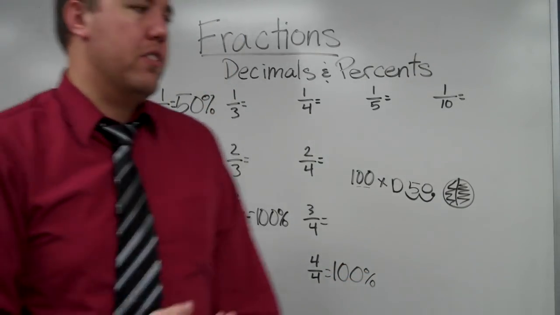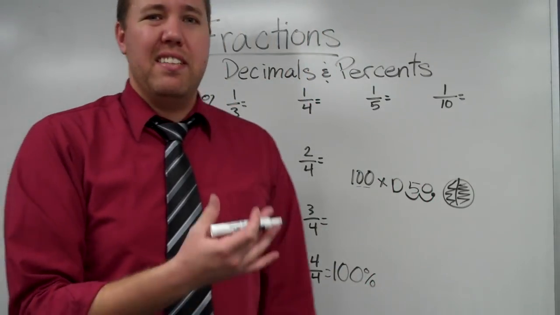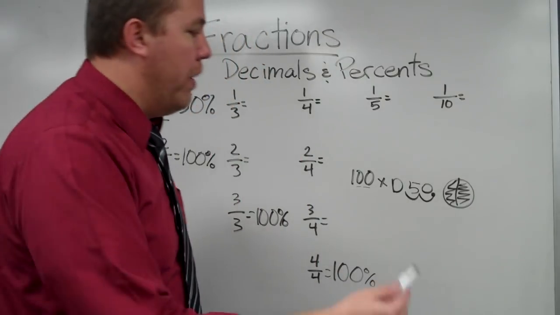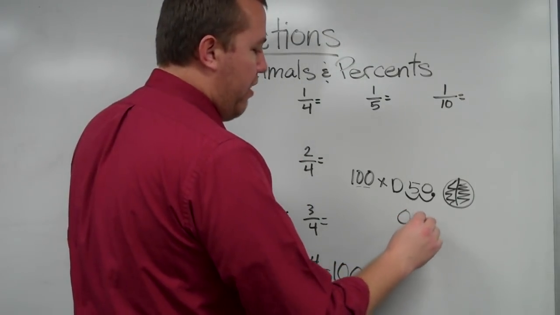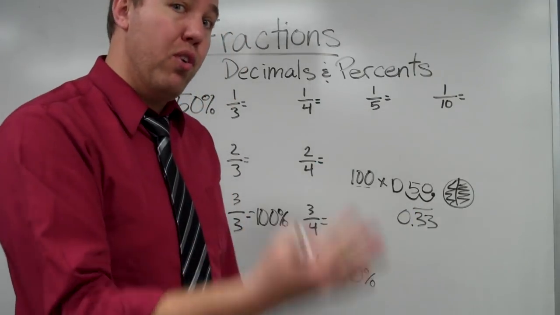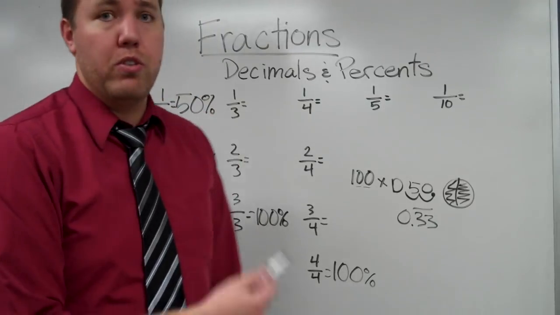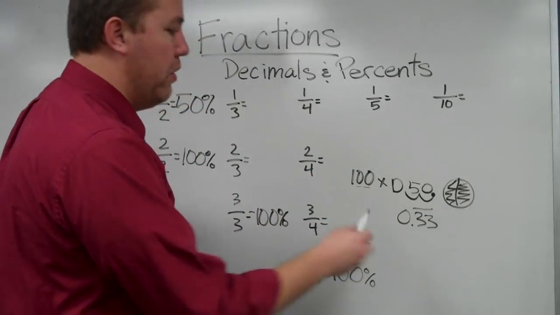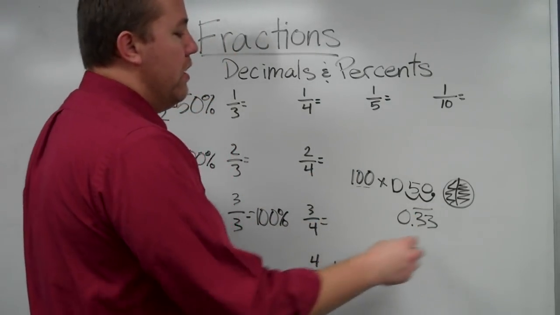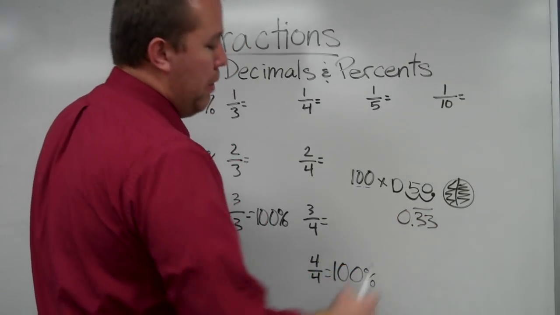So as we look at thirds, thirds are a little bit tricky simply because it's not exactly even. When you divide 1 divided by 3, you get 0.33 repeating on forever. It'll be 3's as long as your calculator can take you, as long as you dare write it for weeks on end if you wanted to. 3's continue on forever. So this line above the decimal, above the numbers, says those are repeating.